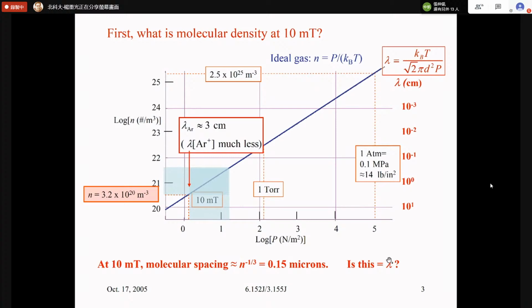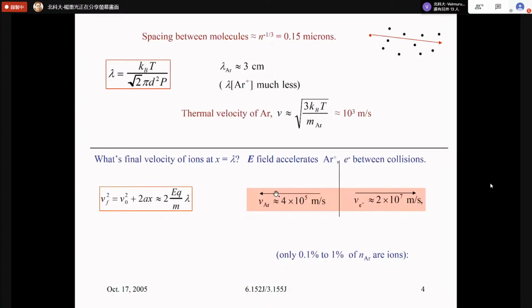But is this molecular spacing equal to the mean free path? If you remember, we already talked about the mean free path at 10 millitorr. The spacing between molecules is 0.15 microns. The mean free path is 3 centimeters.